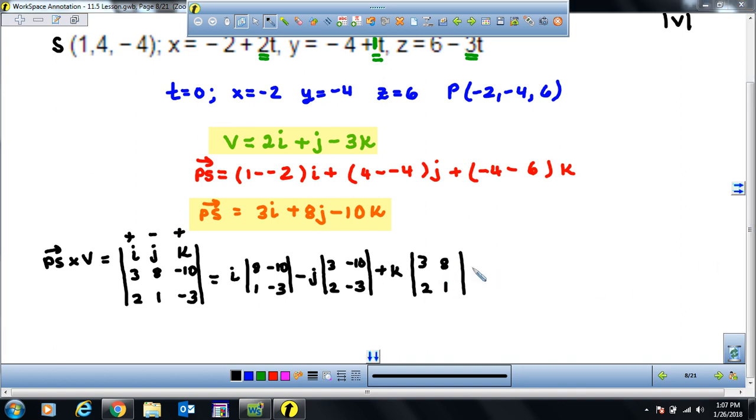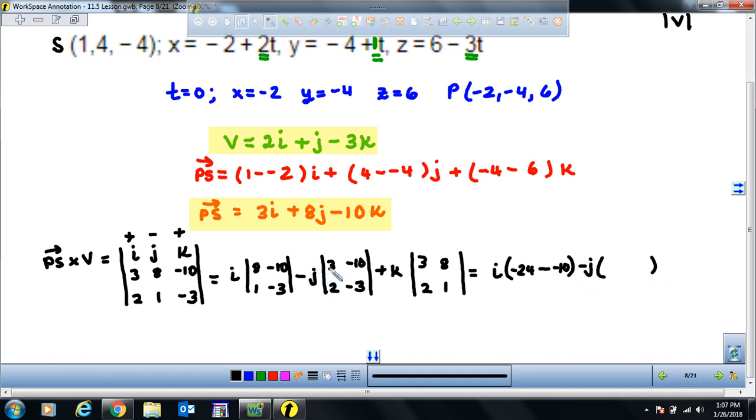And let's finish it. So that's going to give us I times 8 times negative 3 is negative 24, minus negative 10 times 1 is negative 10, and then minus J times 3 times negative 3 is negative 9, minus negative 10 times 2 is negative 20, and then plus K times 3 times 1 is 3, minus 8 times 2 is 16.